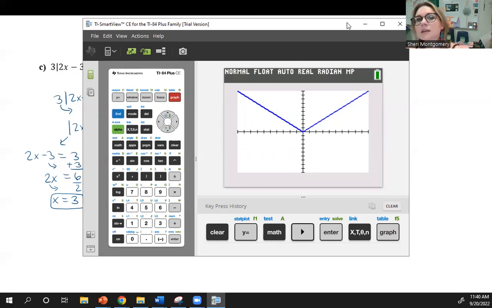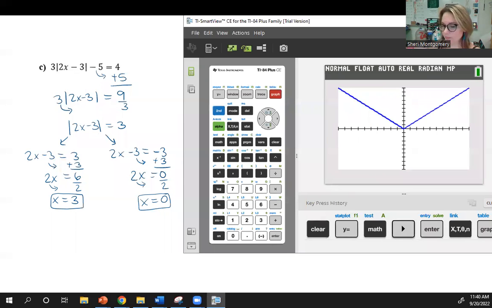To check this, I'm going to jot down how I'm going to check it. So the one on the left, as I plug it in, will look like this. You should write this down too. I'm checking to see if, when I type it in, it equals 4.